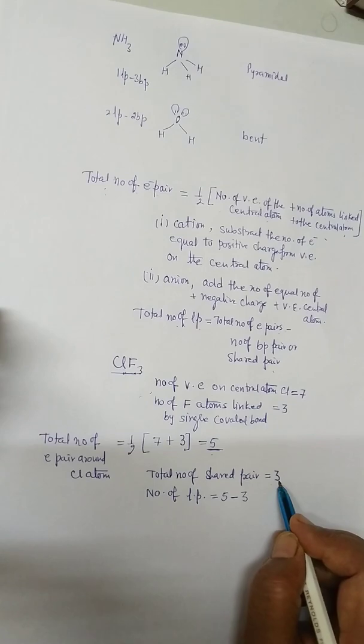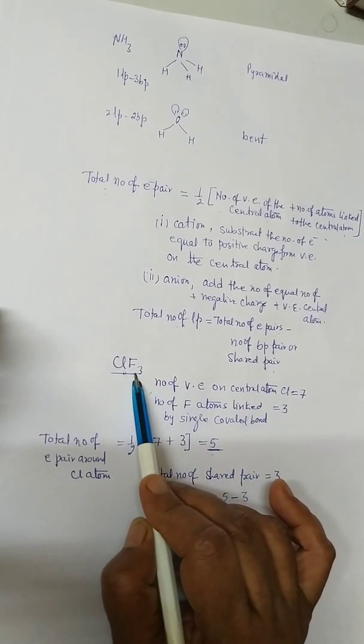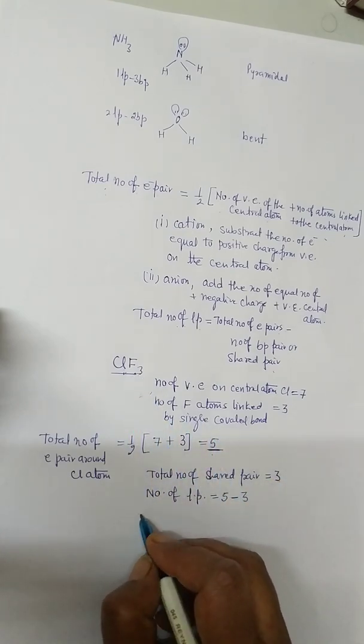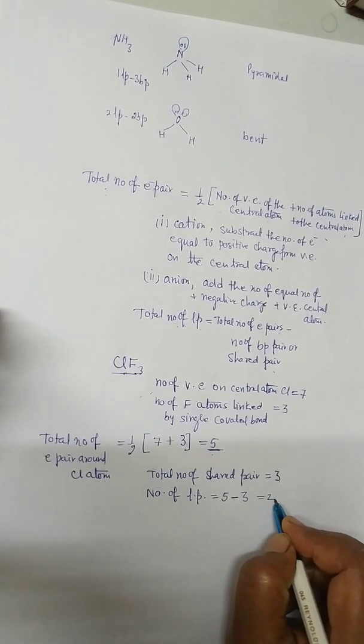We get it from the number of atoms that surround the central atom. Here the number of lone pairs is coming 2.